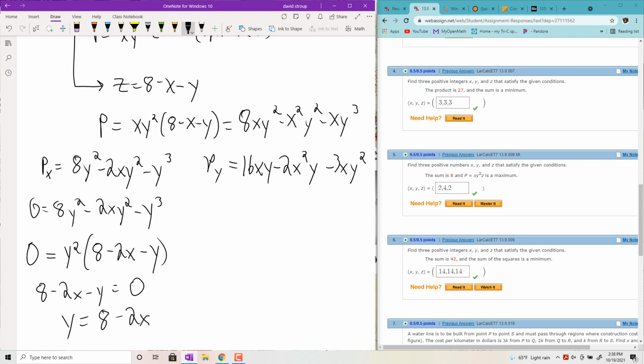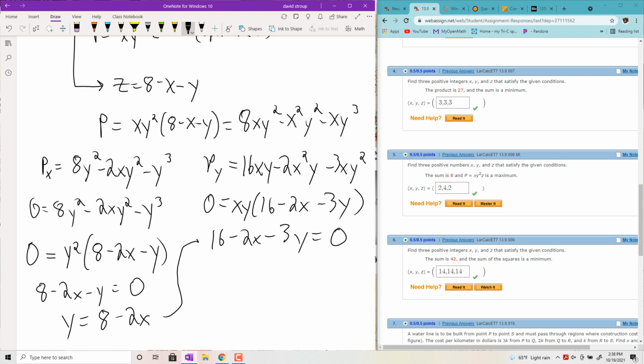Go to the other equation, you play the same game. You can factor stuff out, xy times 16 minus 2x minus 3y. Set that equal to 0. The xy can't be 0, so you can divide both sides and get rid of it. Plug in your 8 minus 2x. So I get 16 minus 2x minus 24 plus 6x is 0.